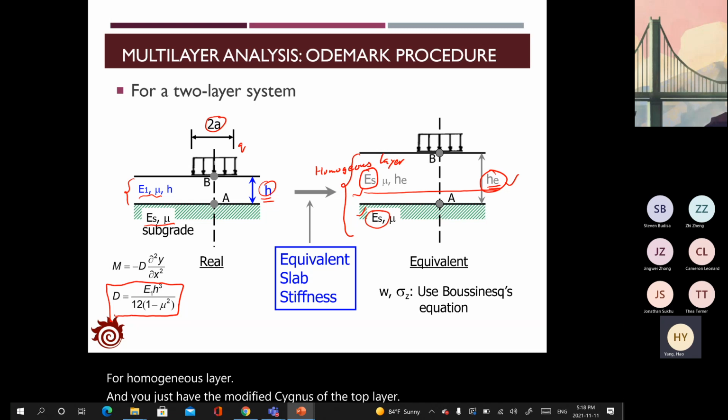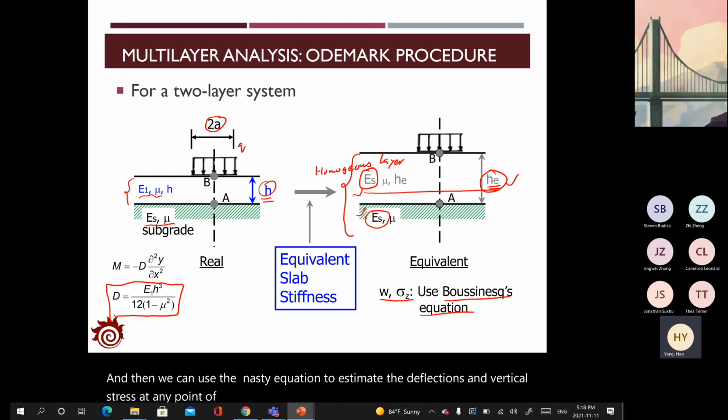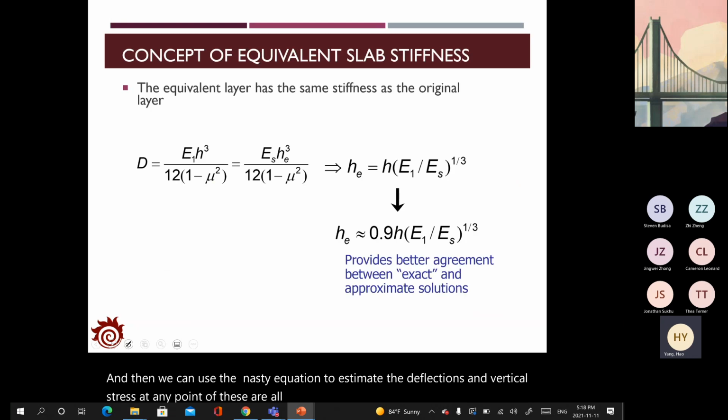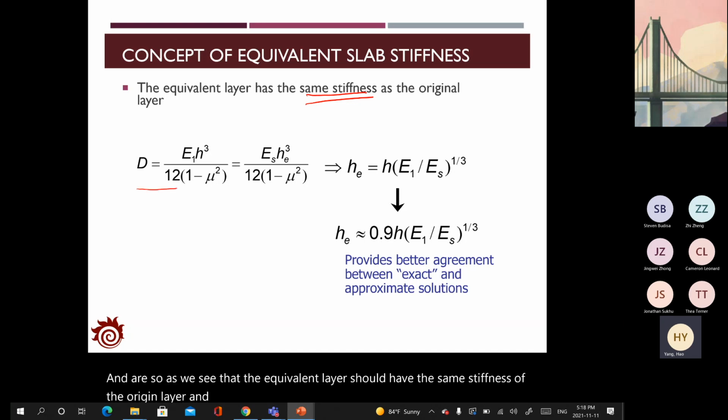And then we can use the Boussinesq equation to estimate the deflections and vertical stress at any point of this pavement structure. As we said, the equivalent layer should have the same stiffness as the original layer, and we have the formula to define the stiffness.